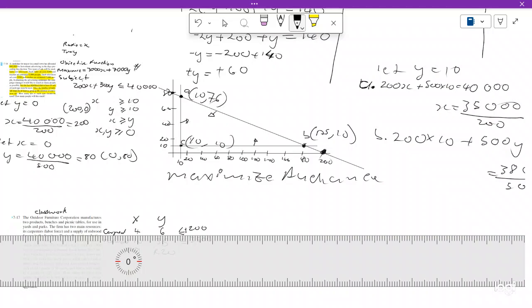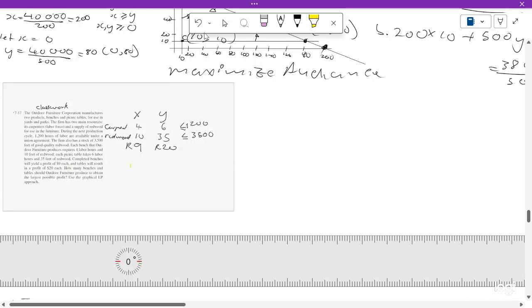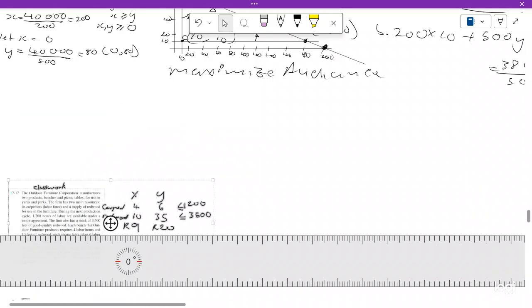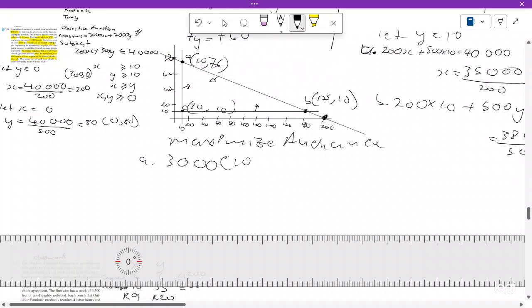The next one, for A: 3,000 multiplied by 10 plus 7,000 multiplied by 76.